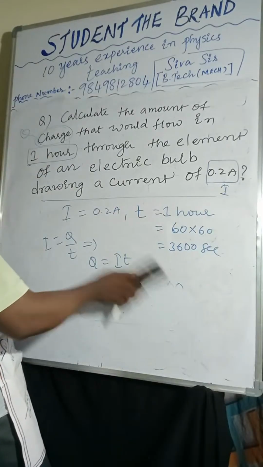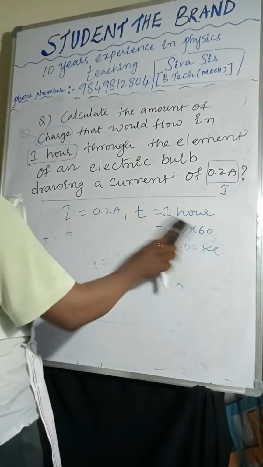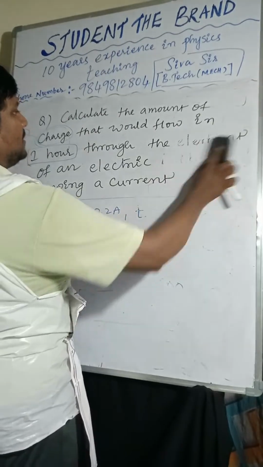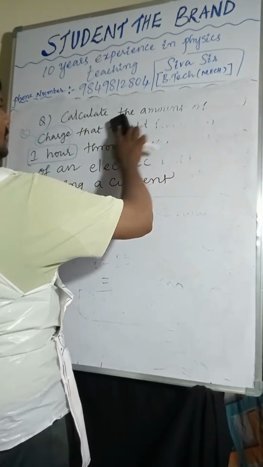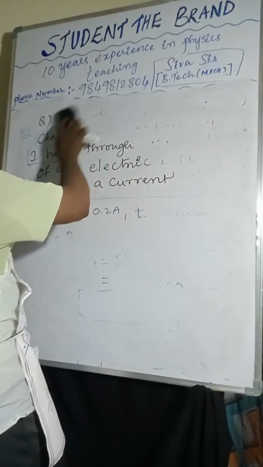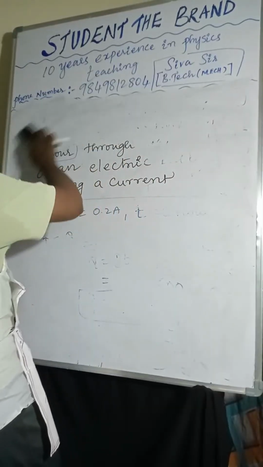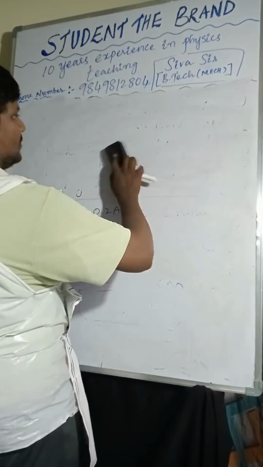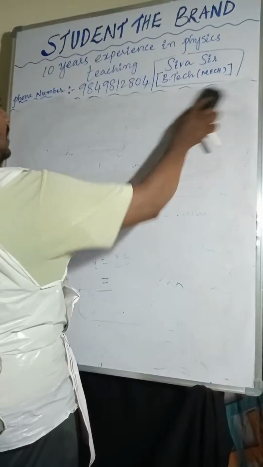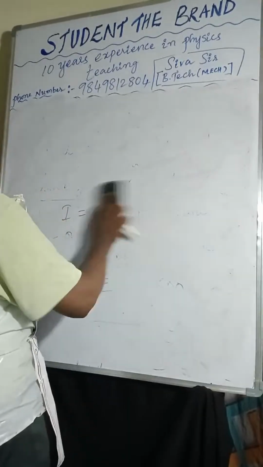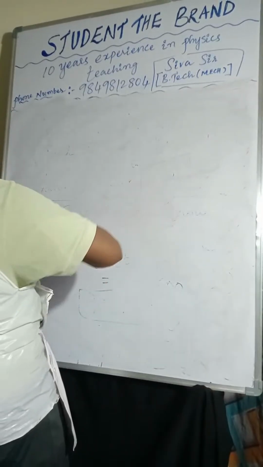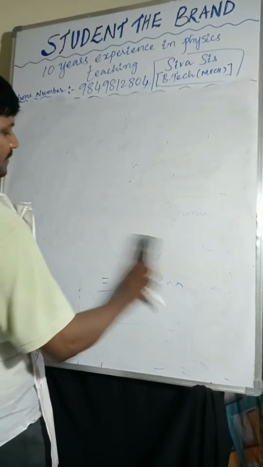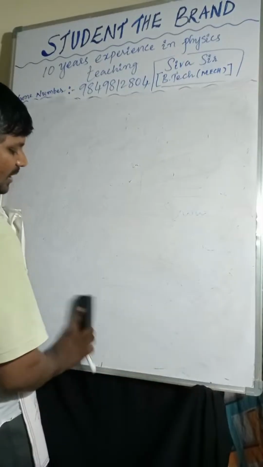Every day at 6 p.m. I'm teaching topics for grade 11 students, so it will be helpful to you. 12th I will start soon. So this is for grade 10, that's why I'm explaining. Grade 12 also I'll start. The timings are just not adjusting, that is the reason I'm waiting.